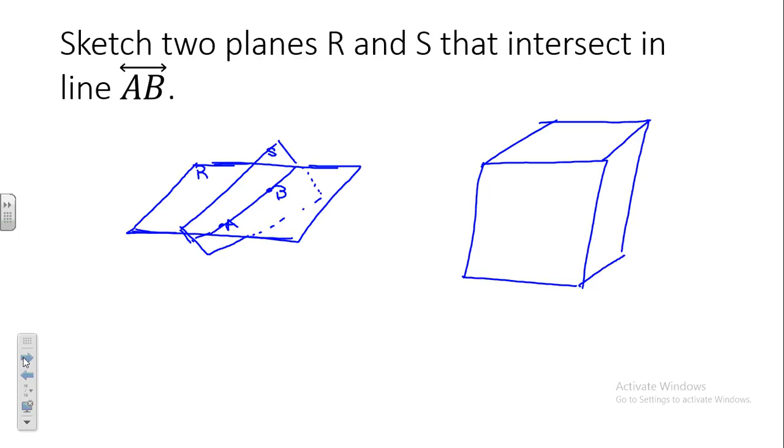But now instead of having just two planes, how many do I have? 3, and that's okay, you've overdone it. Actually, 6, right? If we count all the sides that are implied behind there. Now, this is plane R. This is plane S. And they're intersecting in line AB. Would that work?